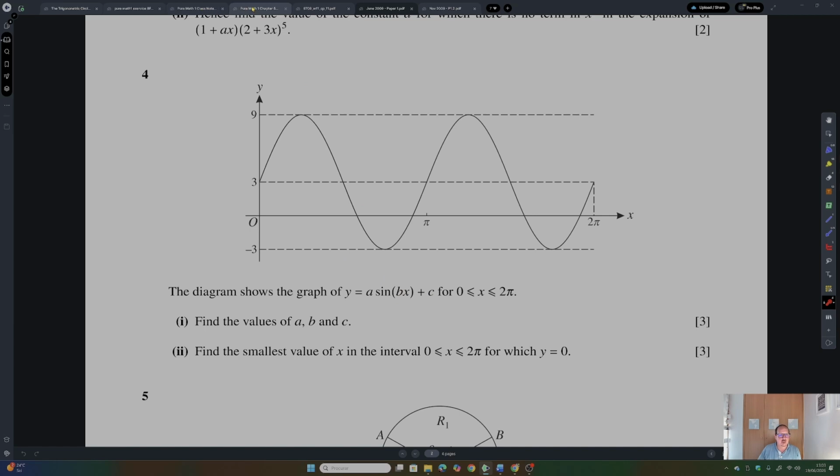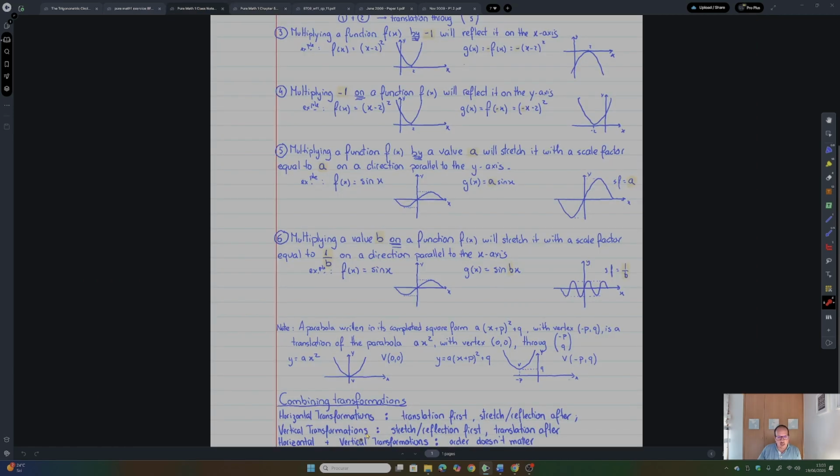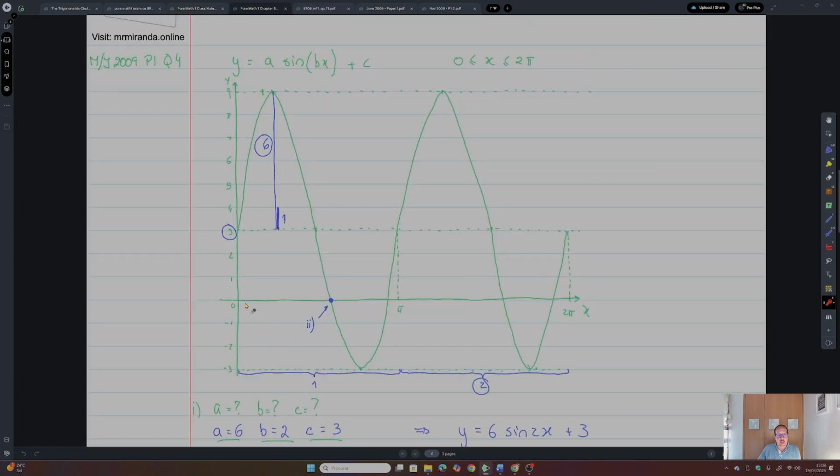And now for the vertical, I have to deal with the stretch first. And the stretch is very simple to figure out. Don't forget, the original function, sine of 2x, varies between -1 and 1. So you have an amplitude of oscillation, or the range, that varies between -1 and 1, which is a 2-unit range.